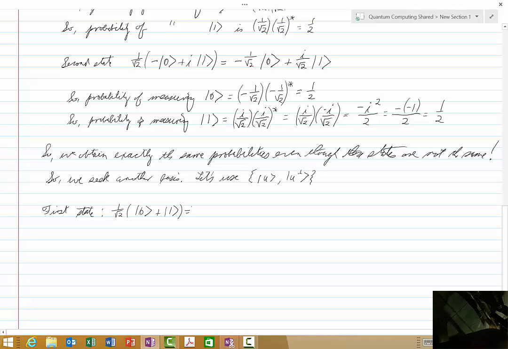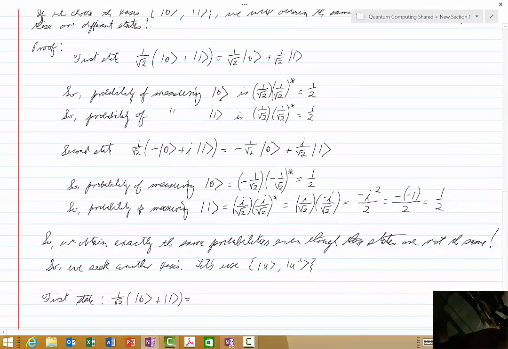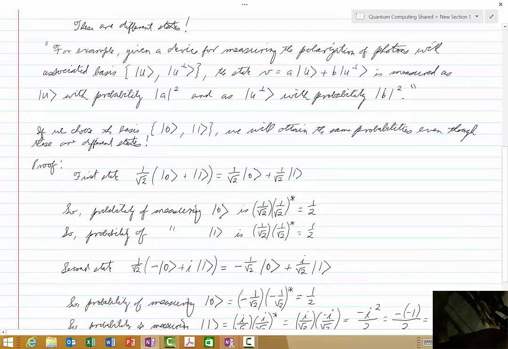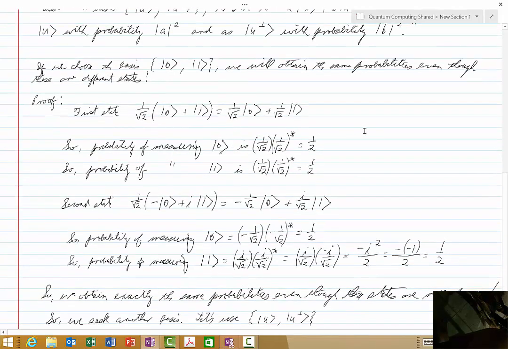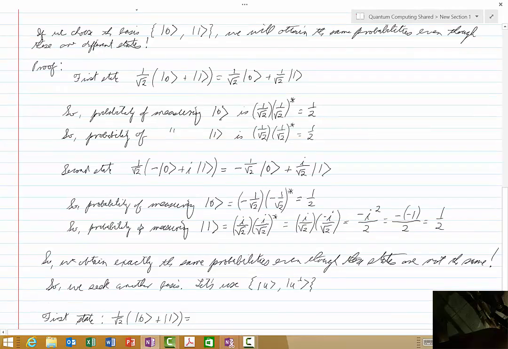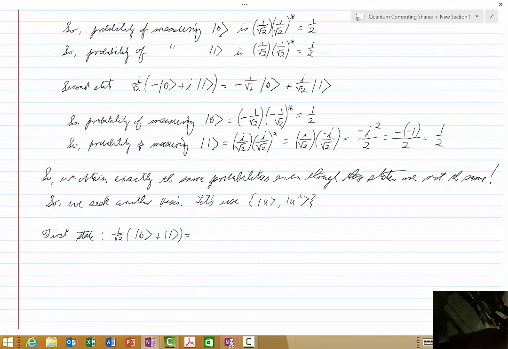And following the hint in the book, or not so much a hint, but a procedure, which is outlined right here, and this one quote, again, remember, this is pages 16 and 17 in your book. But following that procedure, we want to write this state as A times U plus B times U orthogonal.